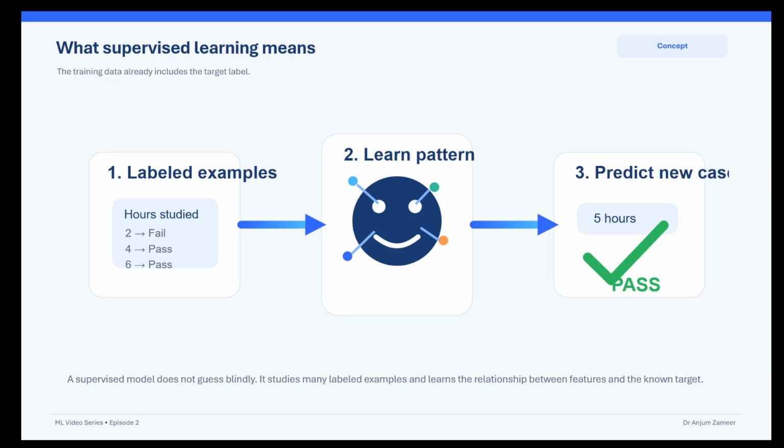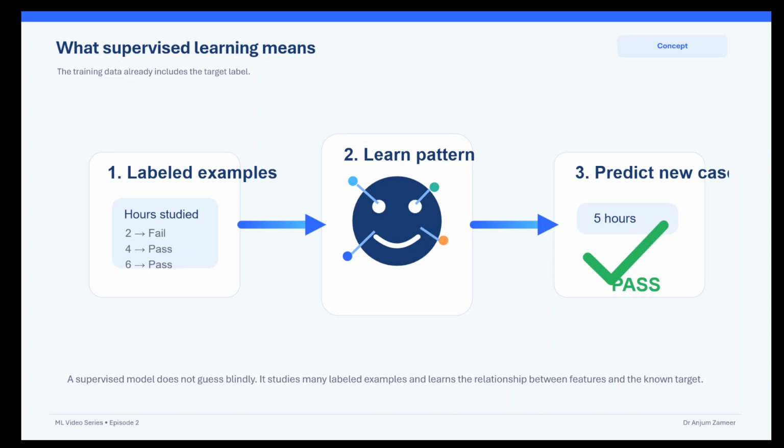If you just see hours studied on the left hand side with the data with which it was trained, it is not there. And then we are saying 5 hours, that is not there in that, but it is predicting that this particular student who has studied for 5 hours should be passing based on the previous data patterns that it has learned. So very much clear here that it is not simple matching of the labels.